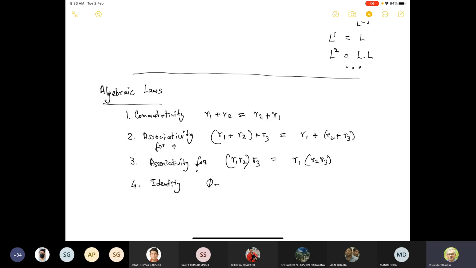So empty plus R is R plus empty equals R, because the empty set is the unit for the union operation. And similarly for concatenation, you have epsilon dot R equals R dot epsilon equals R, right?